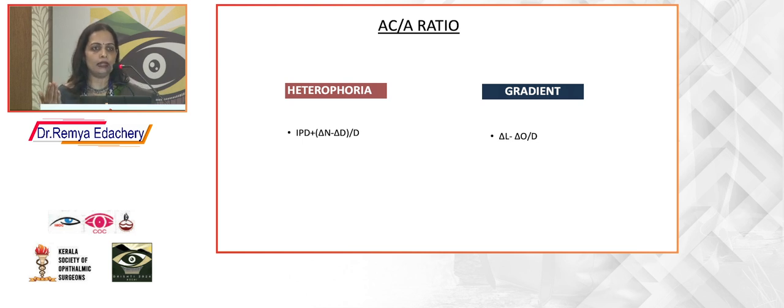Whereas in the gradient method, you will use lenses. It can be done for distance and also for near. If you are doing it for distance, you take the measurement without lenses, then with -3 diopter lenses, divided by the diopters you have used. If you are doing it for near, you do it without lenses, then with +3 diopter lenses. See the difference and divide by the amount of lens you have used.